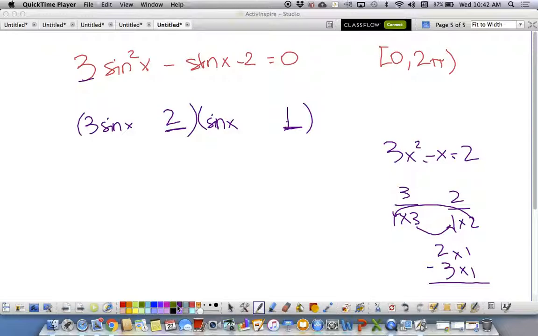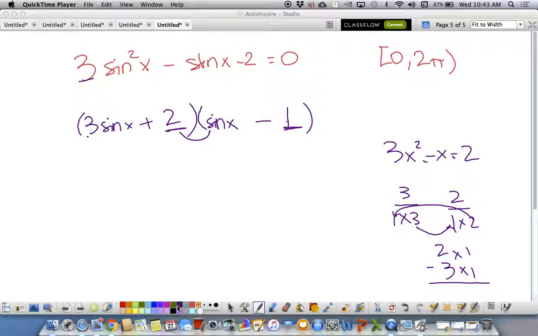All right, so I need my 3 to be negative and my 2 to be positive. So the 2 goes there, 3 goes there, well, negative. And then I'm going to check. The only thing I care about is my middle term, because 3 sine x times sine x is sine squared, and 2 times negative 1 is negative 2.